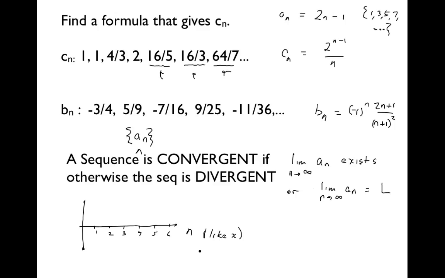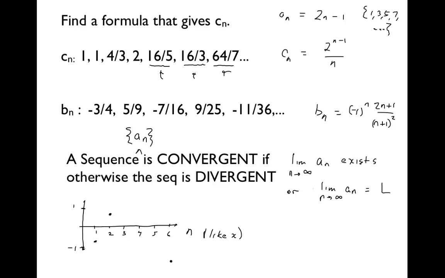1, 2, 3, 4, 5, 6. So at 1, we got what? Let's do 1 here like this, negative 1 down here. Like a function, we can make a graph of it. So at 1 it was negative 3/4. At 2 it is 5/9, a little bit more than a half. So you can think of these sequences as discrete functions, meaning a set of points that are not continuous.